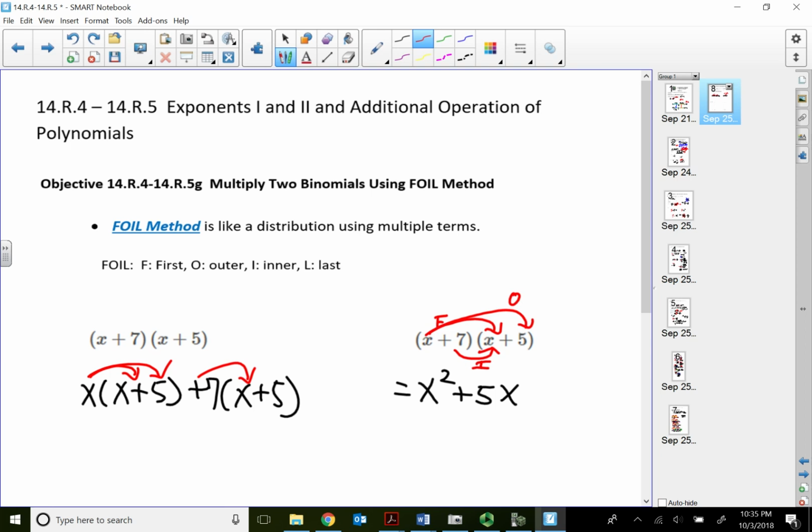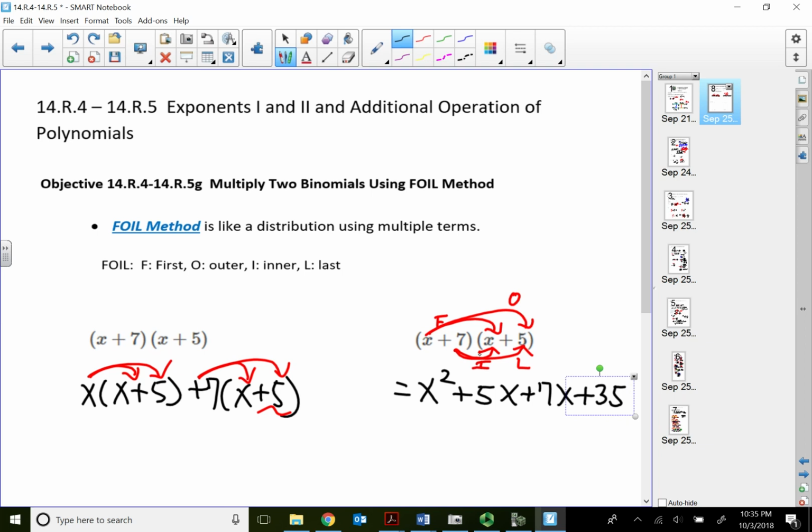So positive 7 times x is positive 7x. Now the very last thing I do is positive 7 times positive 5, which gives me positive 35.